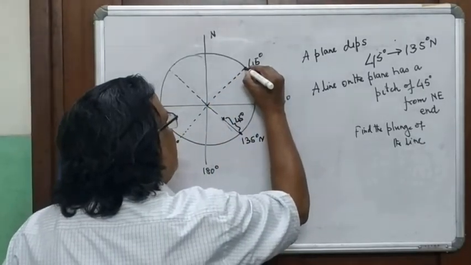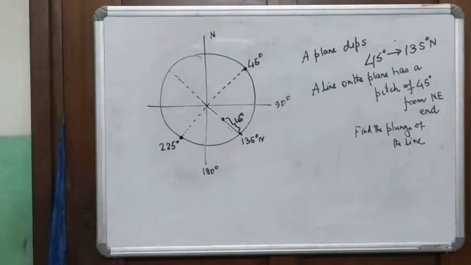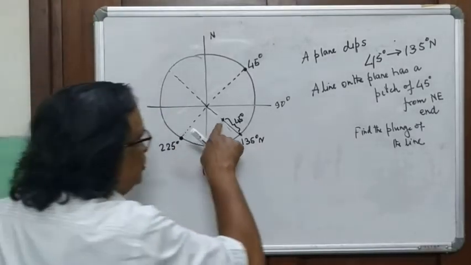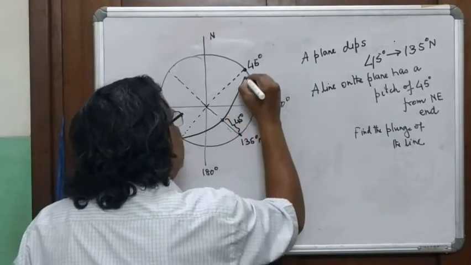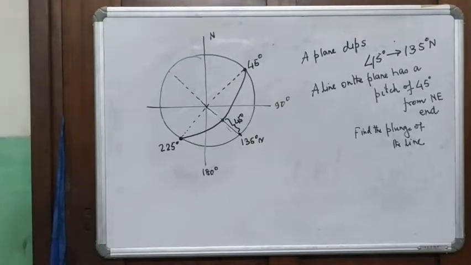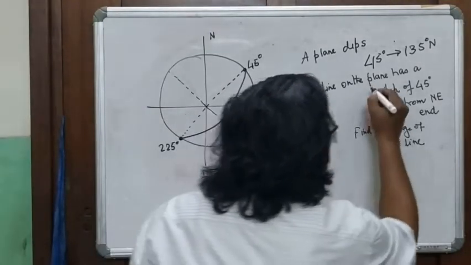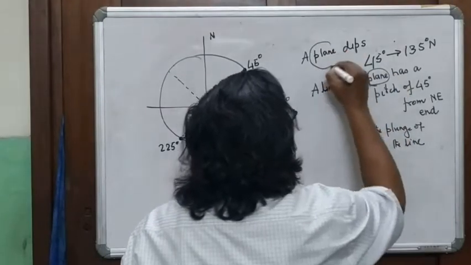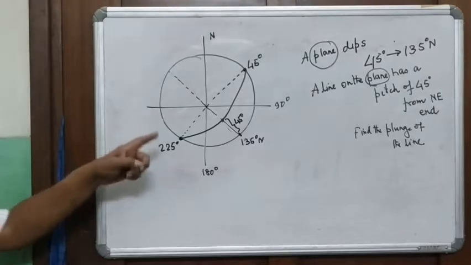The plane has to pass through the two ends of the strike as well as through this point. There will be a unique great circle that will satisfy this. This will be the plane. Have you understood? This is the plane.